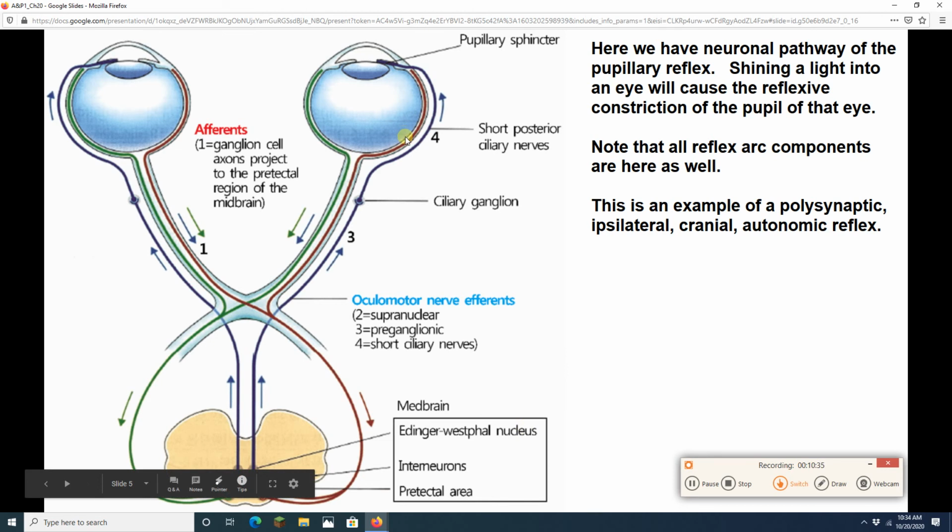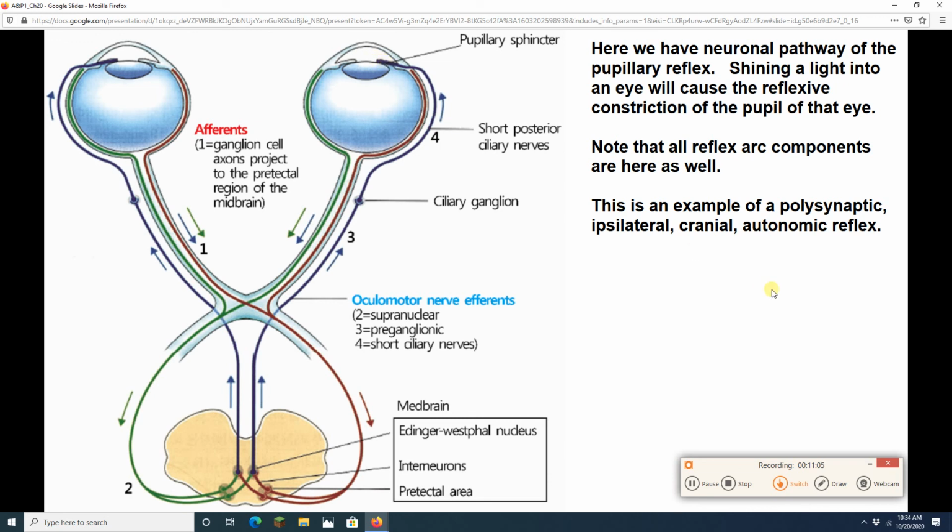There are photoreceptors in your retina that respond to light. There are going to be sensory neurons that are going to go back towards your brain. Your brain is going to have interneurons that are acting as the integration center. And then we're going to have motor neurons going out to the pupillary sphincter muscle of the eye.